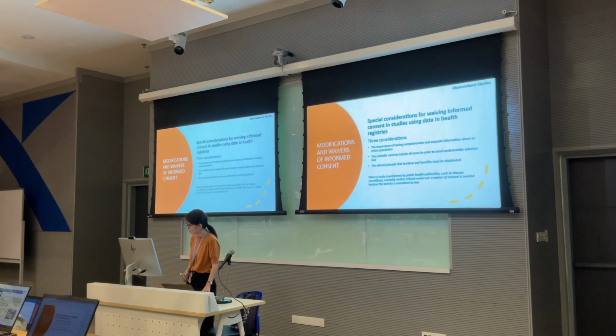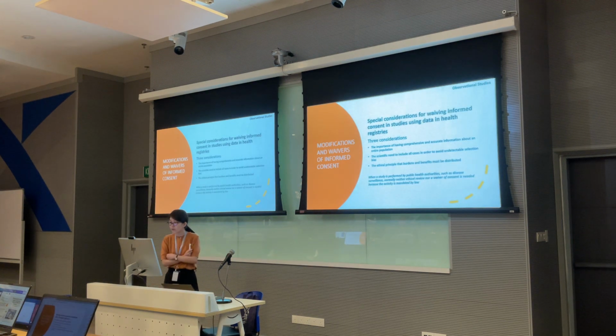Next one, we have the special considerations for waiving informed consent in studies using data in a health registry. For example, you need some data from a big community, or a cancer registry, or genetic data banks, or you want to study all the abnormalities of newborn babies.